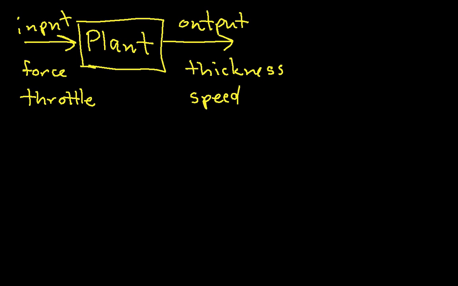So we talk about any system that we want to control as the plant, even though sometimes that doesn't make a lot of sense. So our goal is to get the output of the system to do something that we want it to do, but quite often we can't mess with something internal to the plant, so we add a control system. The way the control system works is that we have a desired value.